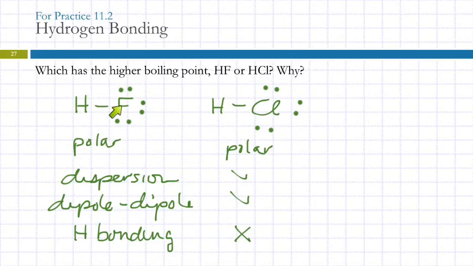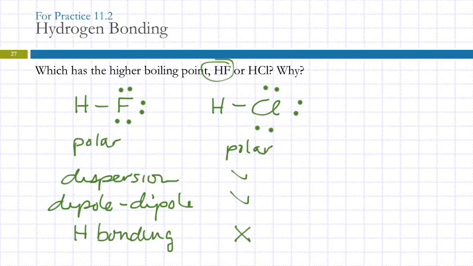So HF has the strongest intermolecular forces. It's the most stick-togethery. So will its boiling point be higher or lower than HCl? Higher. So HF has a higher boiling point, because it has hydrogen bonding, its intermolecular forces are stronger.